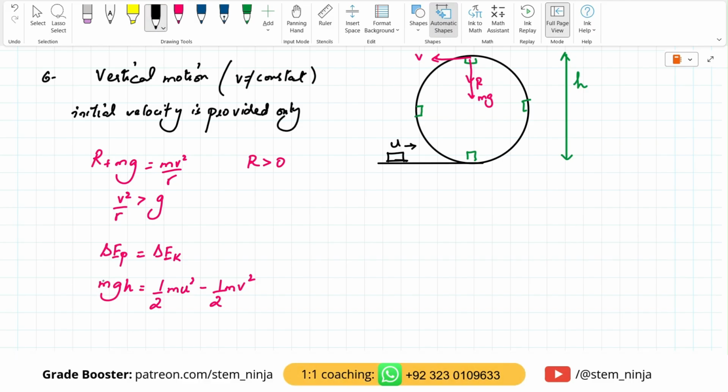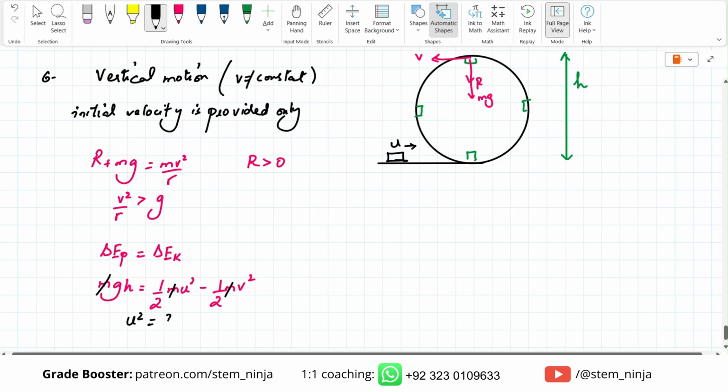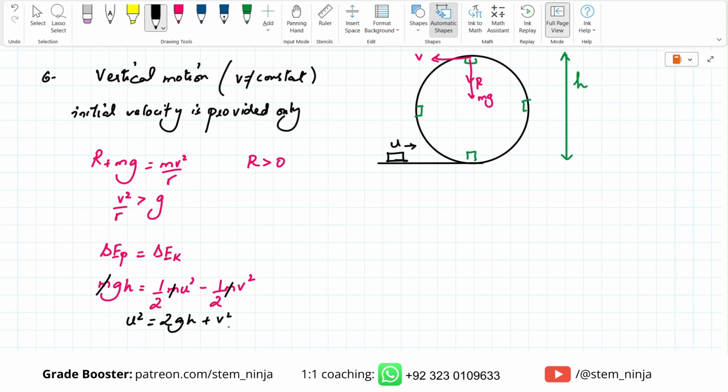U was higher. m gets cancelled, leaving us, 2 goes on the other side. So you get u squared is equal to 2gh plus v squared. Now, v squared would be u squared minus 2gh.